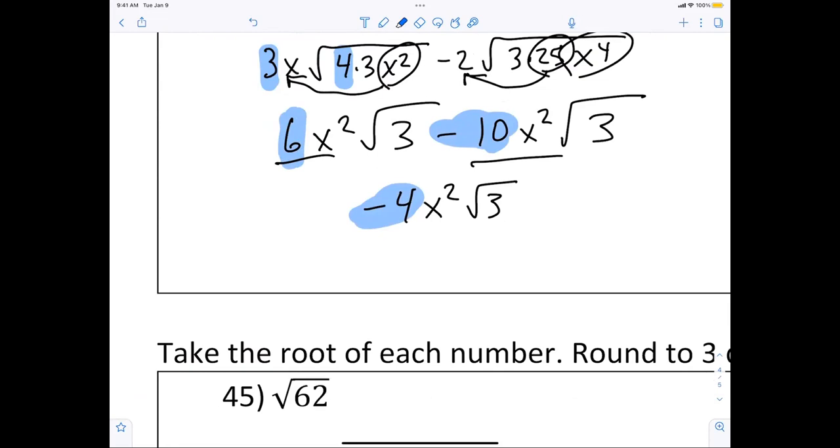Now, everything can be added together because this is an x squared and this is an x squared. This is a radical 3. This is a radical 3. Do you not have exponents, like you just keep on 2x? Yes, because remember, when you add, exponents stay the same. 1x plus 1x is 2x, not 2x squared.